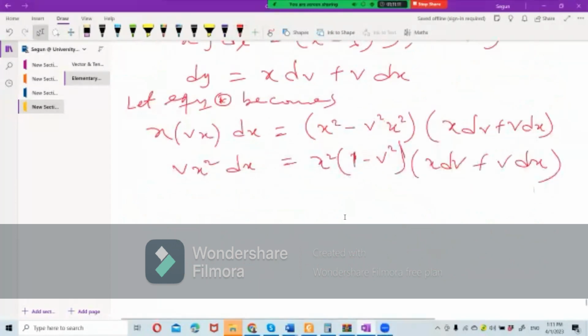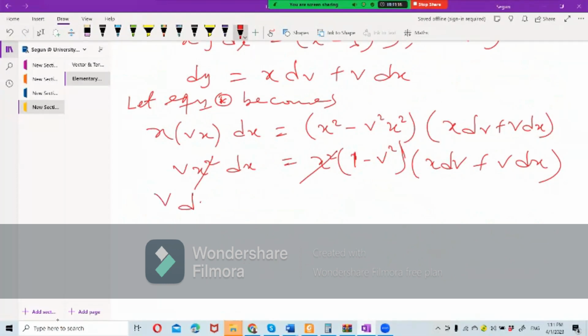So in this case now, you agree with me that x squared goes with x squared. So here I have v dx equals 1 minus v squared. Let's open the bracket with this side.